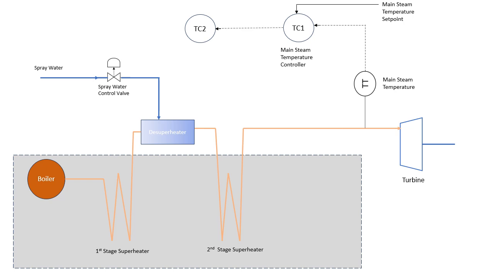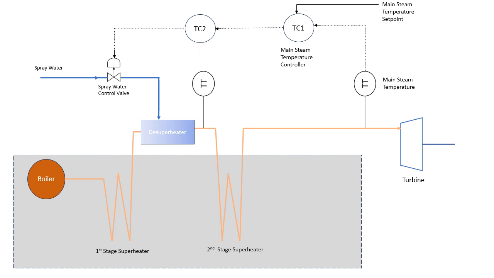And further, the output of this temperature controller goes to another controller, known as the secondary controller. This secondary controller receives input from the outlet of the de-superheater temperature and compares it with the set point it received from the TC1. And then the final manipulated variable goes to the control valve.